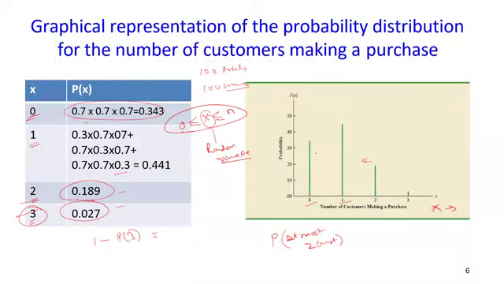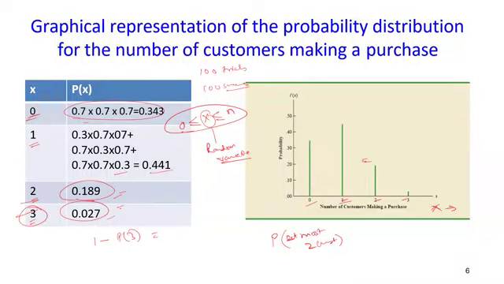Based on those scenarios, I can make decisions. Now it shows that the probability of exactly one person making a purchase is around 45%. The probability that at least one person makes a purchase is this plus this plus this, so 0.441, 0.18, 0.27.